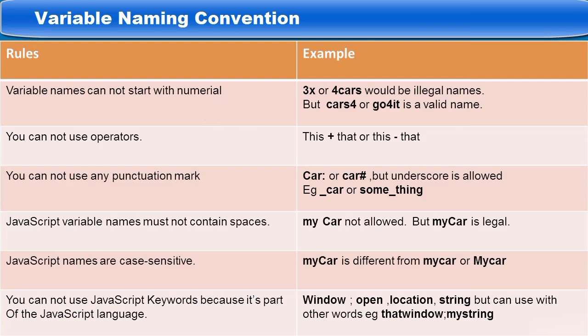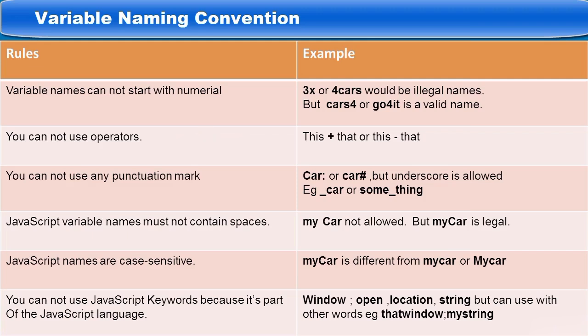You cannot use operators. Operators, I mean, either mathematical or logical operators. You can't use that in variable names. For example, you can't call a variable this plus that, or this minus that, or this times that. You can't do that.